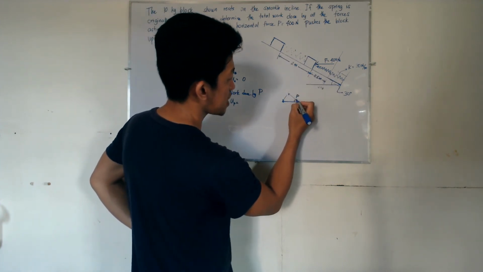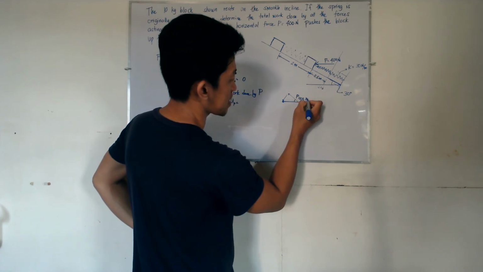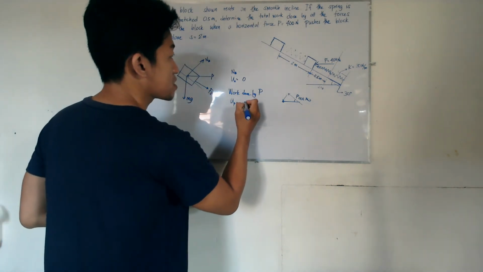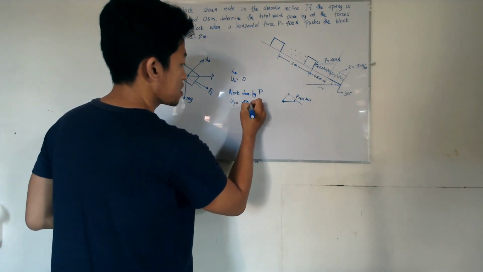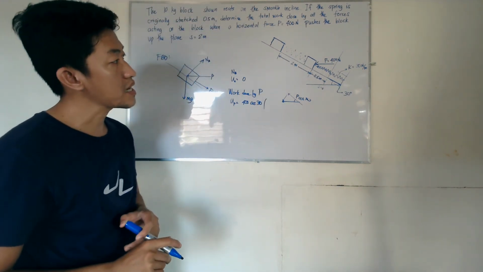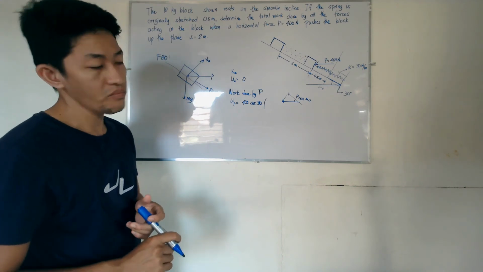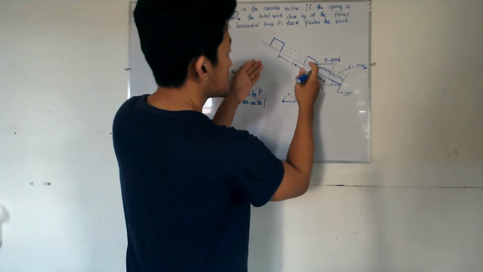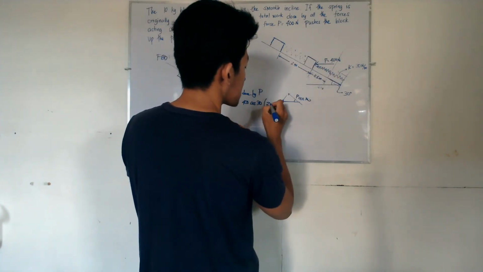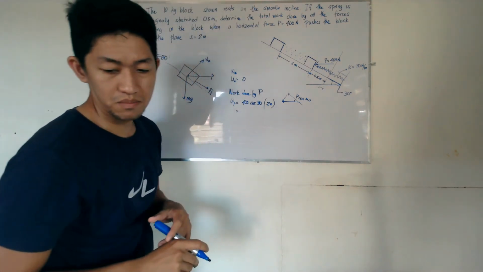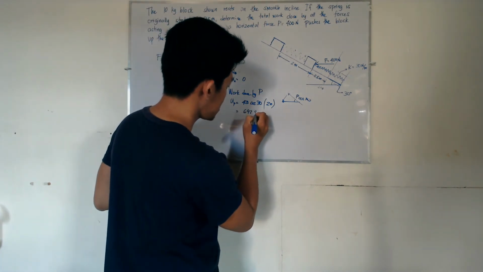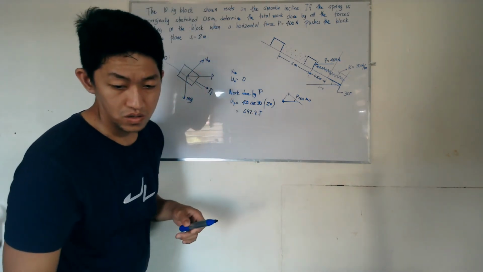So this is just P cosine 30, 30 degrees. So it becomes P, which is 400, cosine 30, multiplied by the displacement. What is the displacement? The displacement is from where P is applied, so this is 2 meters. So the answer would be 692.8 joule.